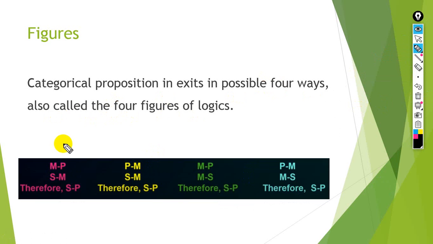So here, what is P? P means predicate. I have told you that we have subject and predicate in a proposition. Predicate is the word which explains the subject. For example, the sentence: all men are mortal.